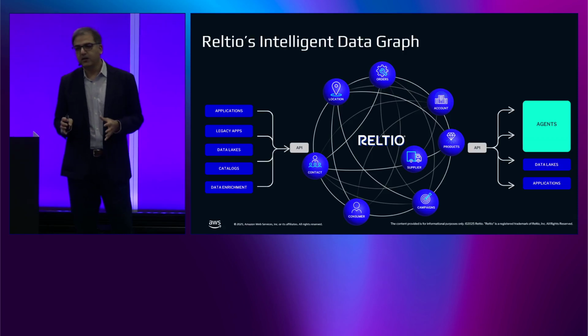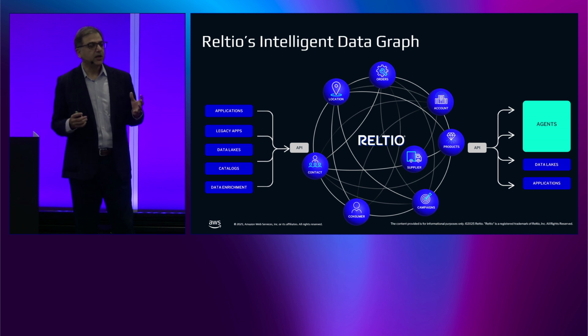The idea behind data unification is that for any company of a reasonable size, they will have plenty of data about their customers, their suppliers, different products that they sell. And this data ends up being in different parts of their organization, whether it's in different SaaS products, whether it's in different databases.